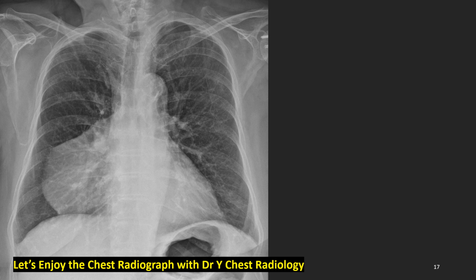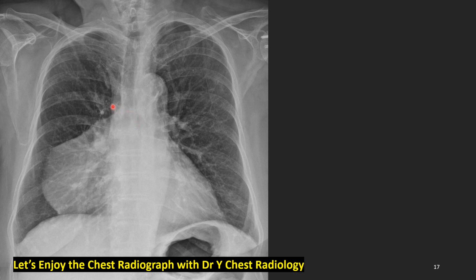Let's see another case. This is an old woman with a large, well-defined mass, right side, lower side. How about the right heart border? Yes, obliterated, silhouette positive. How about the pulmonary artery of the hilum and lower lobe? Yes, they are also preserved. That means this is anterior location, well-defined mass touching right heart, not touching hilum and posterior.